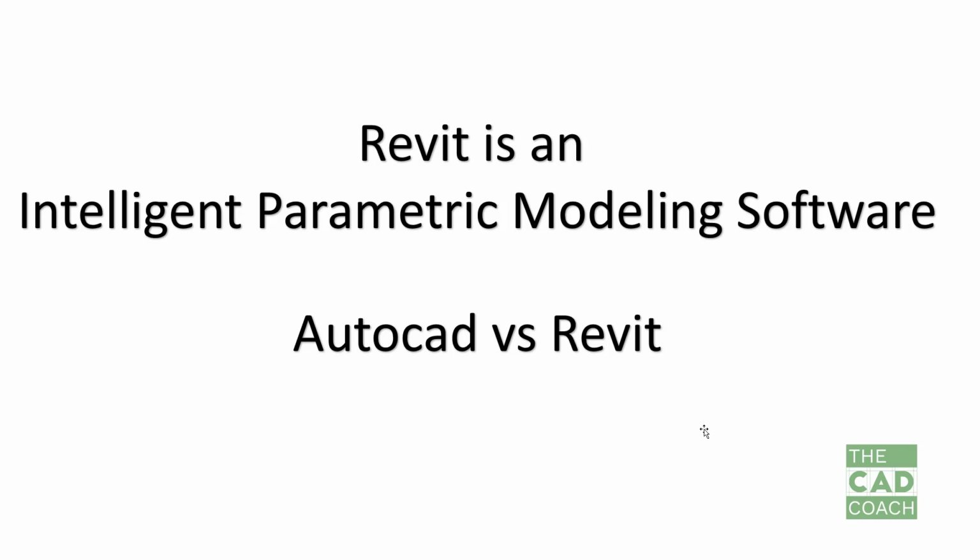But in Revit, if you draw a 3D building component or 3D building element, Revit understands what you're drawing and the user understands what is being drawn. So that is the very powerful understanding capability of Revit. Due to that, automation is possible in Revit.